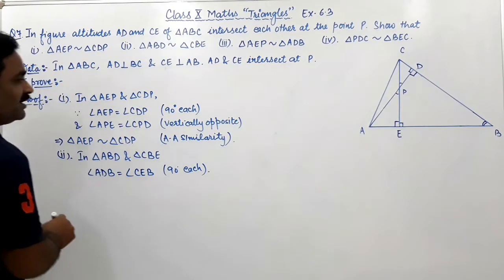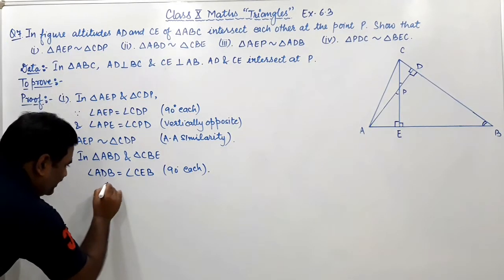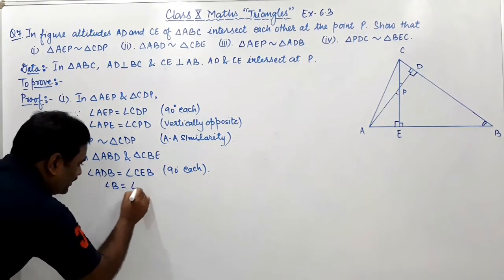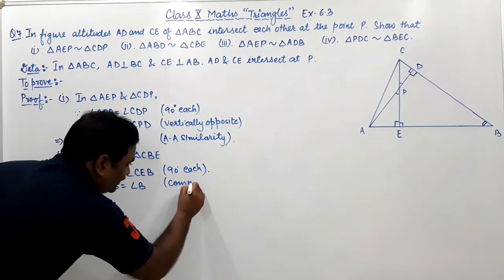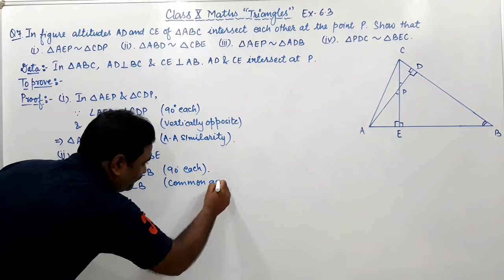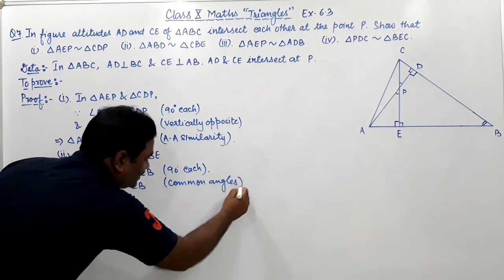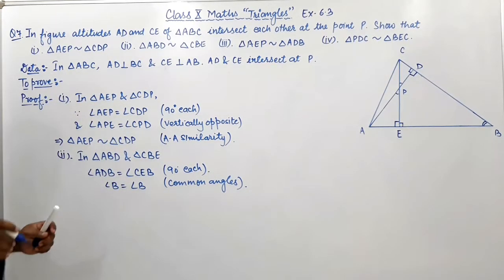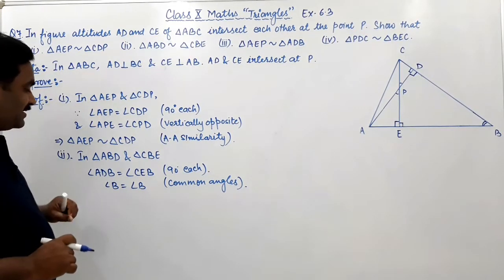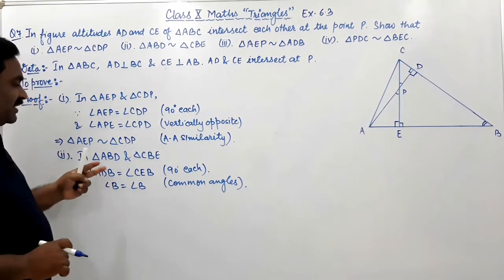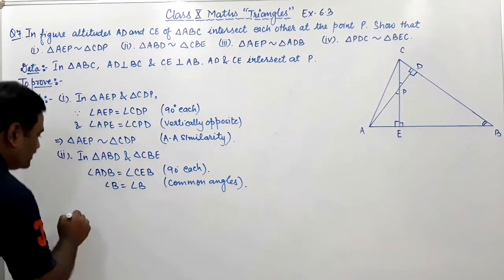So therefore angle B is equal to angle B. Why? They are common angles. Right students?